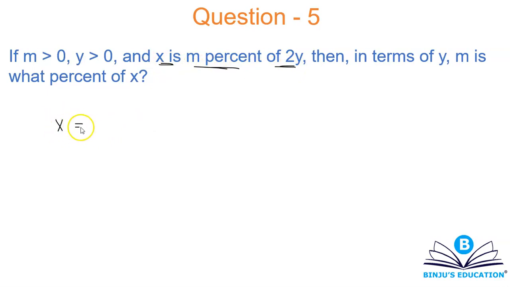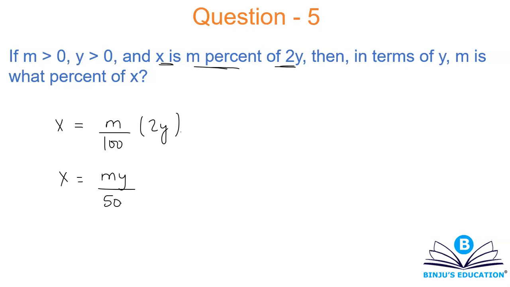X is m%, m by 100 into 2y. So x is equal to my divided by 50. Then in terms of y, m is what percent of x? See, this is becoming a bit confusing, right?